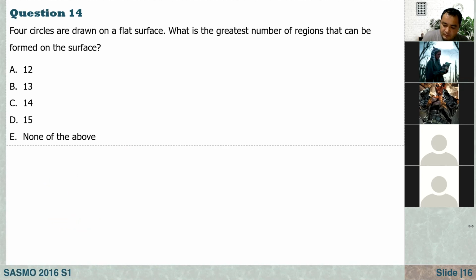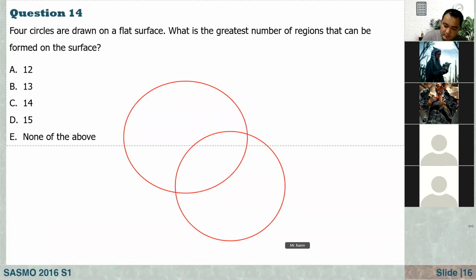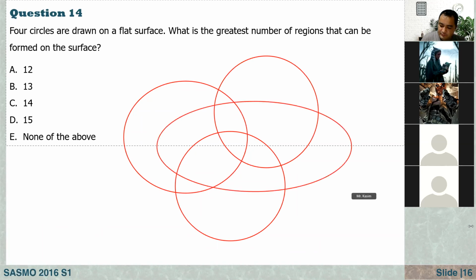All right. 1 and 2. 2 and 3, right? And 4. Can I draw like this?